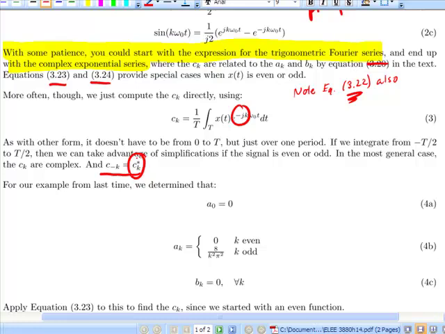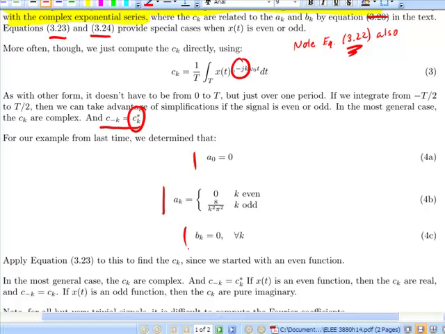If you recall the example, and again, we recapped it, we knew that A0 is equal to 0. This was the expression for the AK, and then the BK was equal to 0.